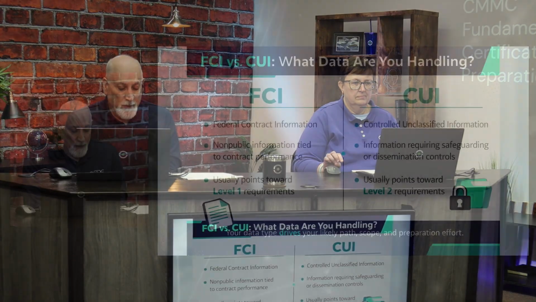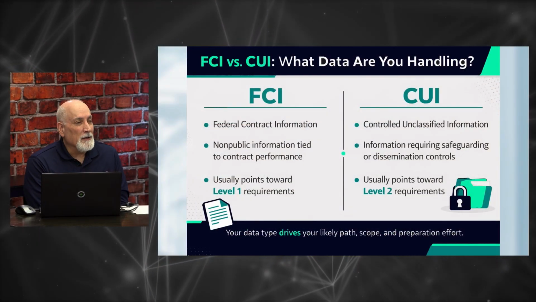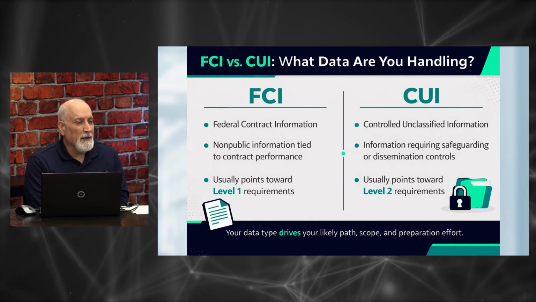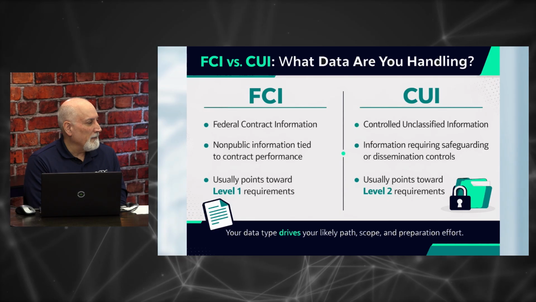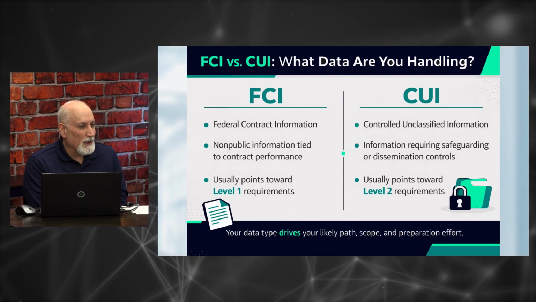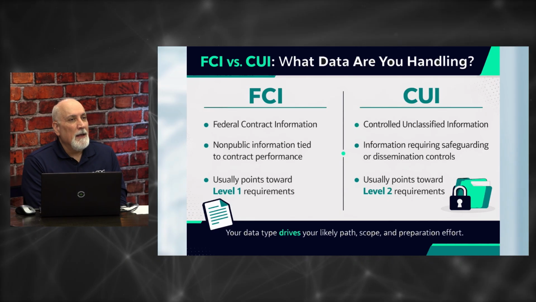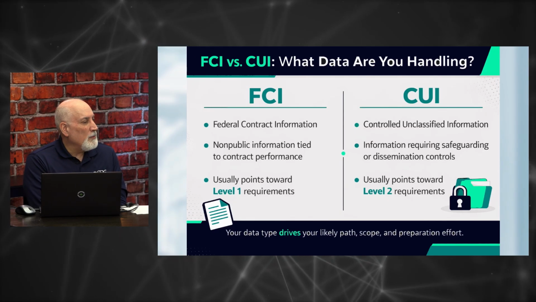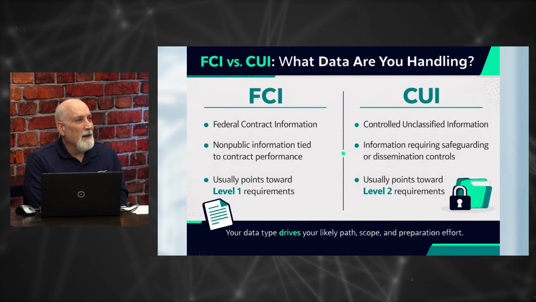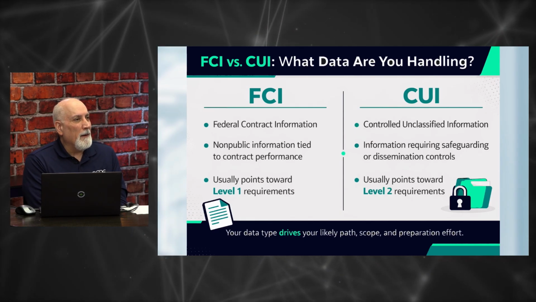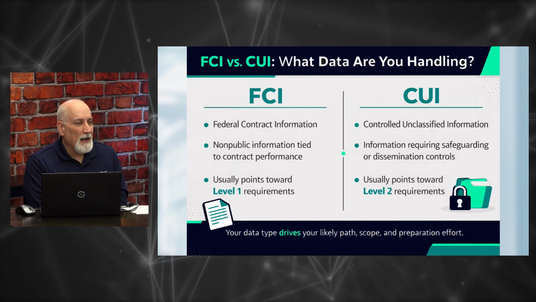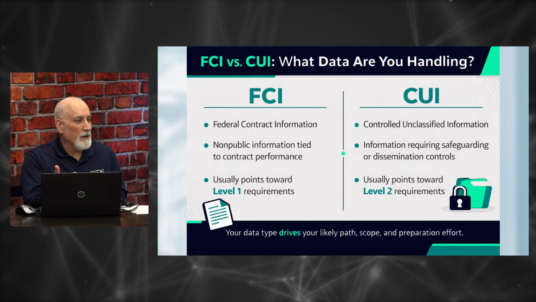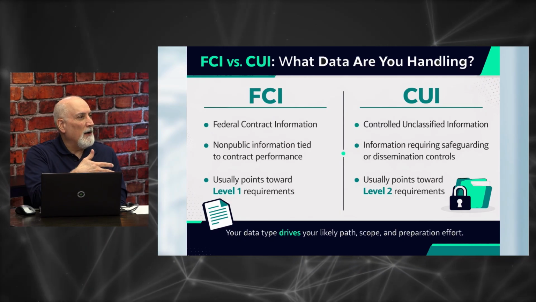FCI, or Federal Contract Information, is relevant to any supplier working in the defense industrial base that has a contract, because it's contract information related to a federal contract. So that could be the RFP, the bid you put in based on an RFP. It could be the communication back and forth as you're working through the details on a contract with your customer. It could be a schedule of shipments.